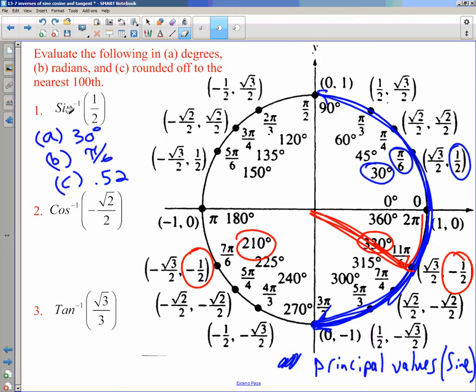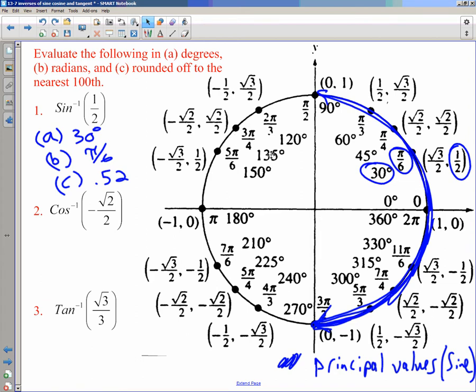Okay. So cosine. Cosine negative root 2 over 2, like I said, you can use a calculator. Now, let me highlight though. So negative root 2 over 2, that happens right here. 225 and 135 are candidates.